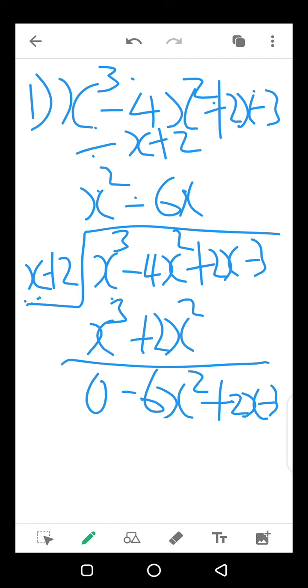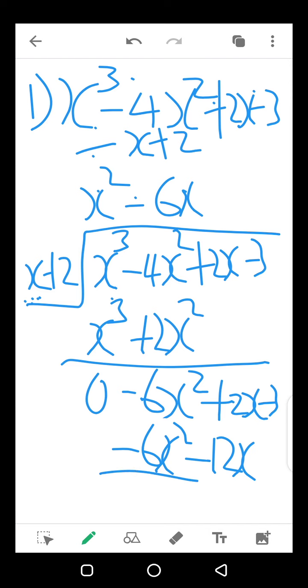Now with this, we use the minus 6x to times x and times 2. Minus 6x times x will give us minus 6x squared. Then minus 6x times 2 will give us minus 12x.